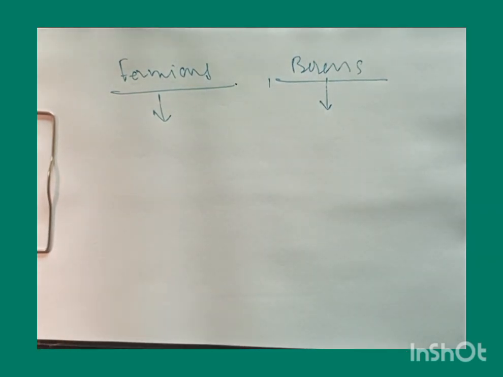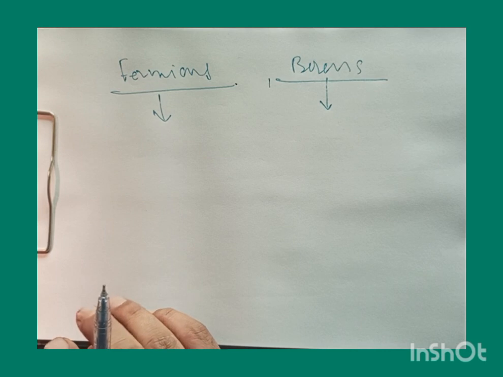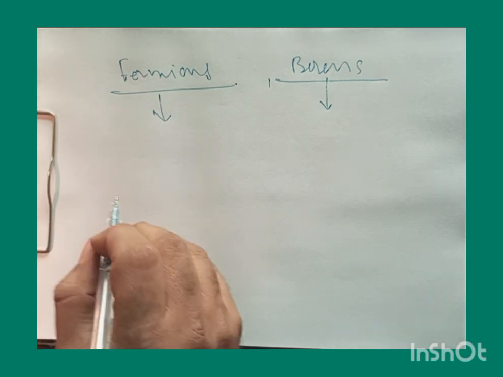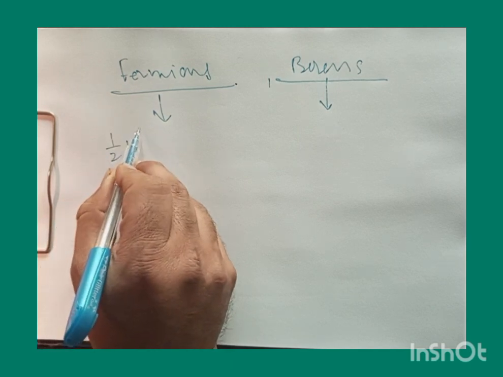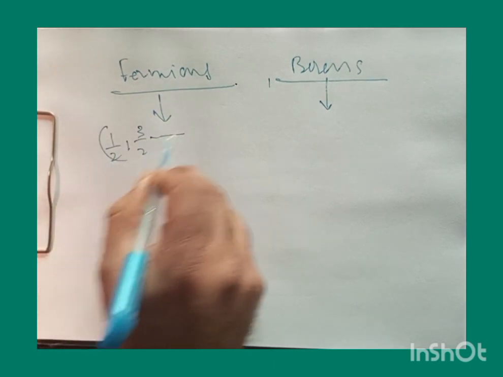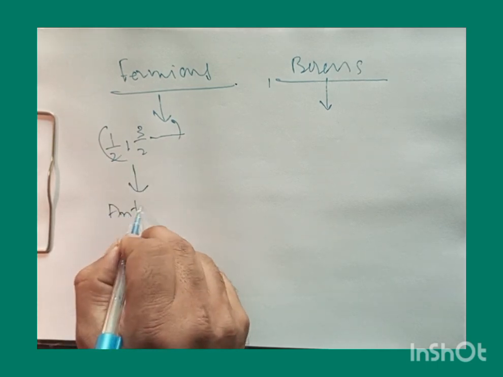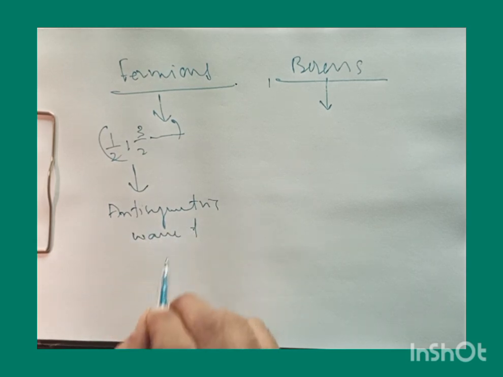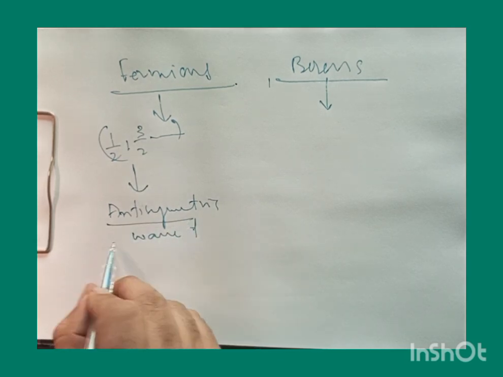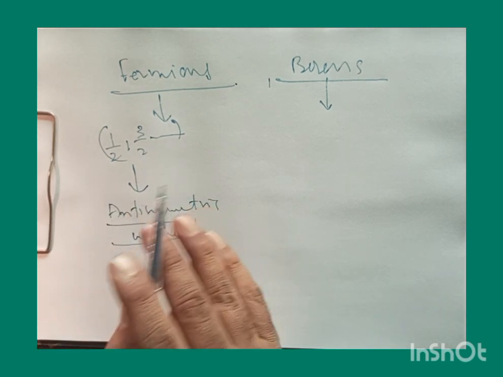If we talk about the experiments that have been carried out on all the particles, the particles that have odd half integral spins like 1/2, 3/2, and so forth have antisymmetric wave functions by virtue of the exchange of any pair existing in them.